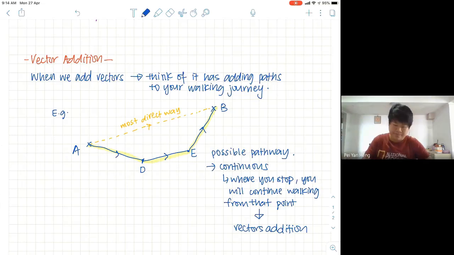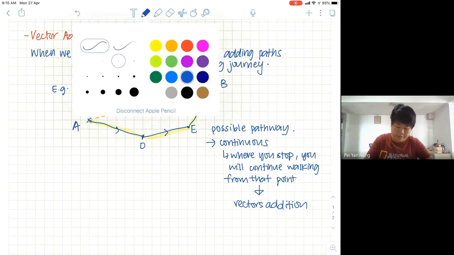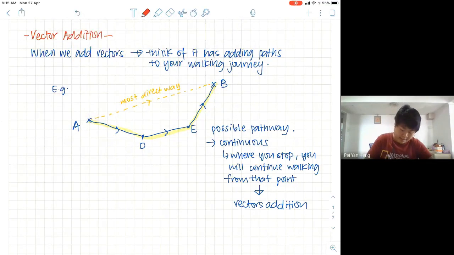Okay, so in vectors addition, we are looking at vector AD plus vector DE plus vector EB. This will give us, you start from here.